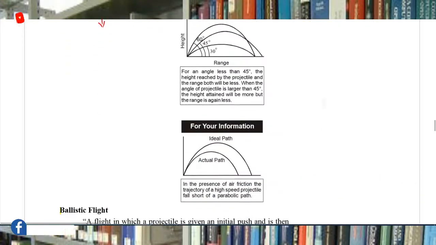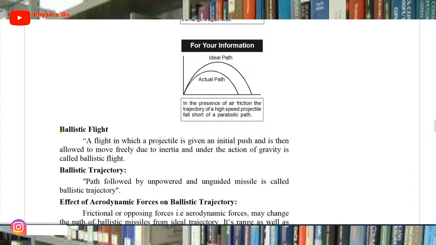Okay, the next thing is ballistic flight. What do we mean by flight? Anything which flies in the air, its motion is flight. So the motion or the flight of a ballistic missile in the air is simply ballistic flight.